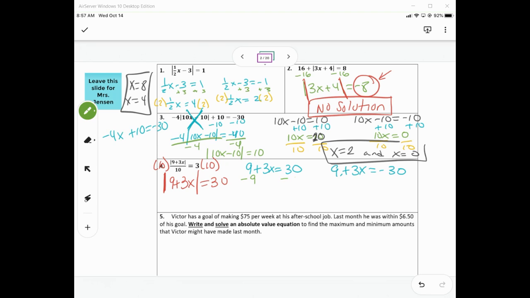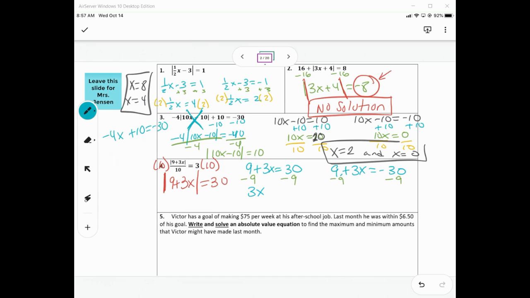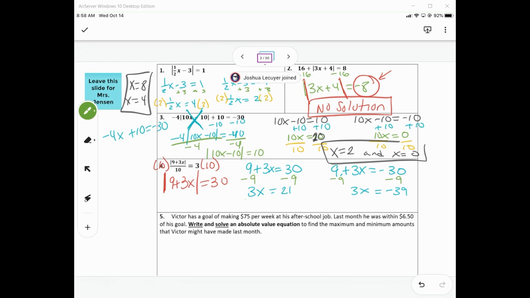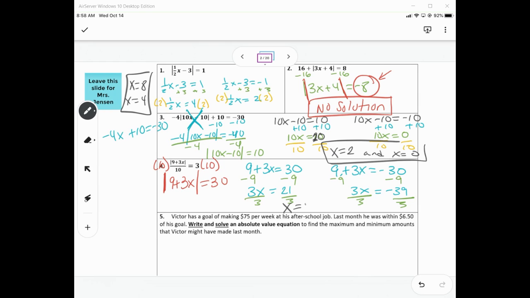Subtract 9 from both sides of both equations. Three times x, so we would divide both sides by 3. So our 2 solutions are 7 and -13.